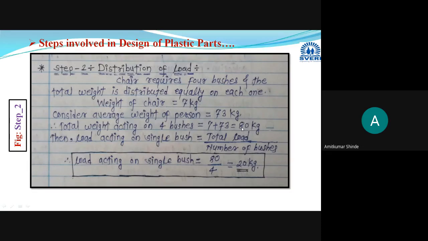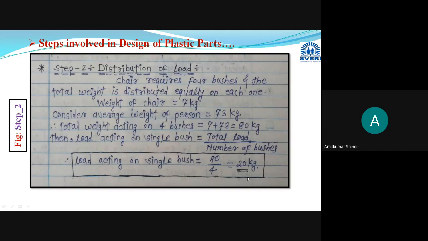As this is a design problem and the problem statement does not mention the weight of the person, you can assume an approximate value and calculate the load acting on a single bush. As per my consideration, it is coming to 20 kg.